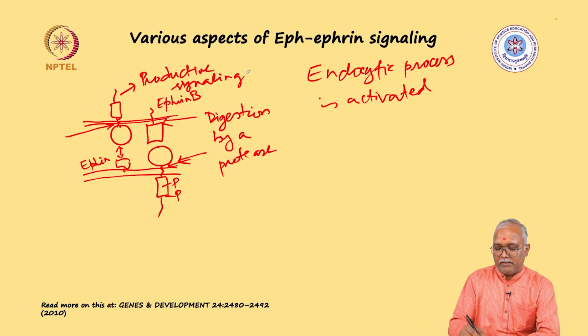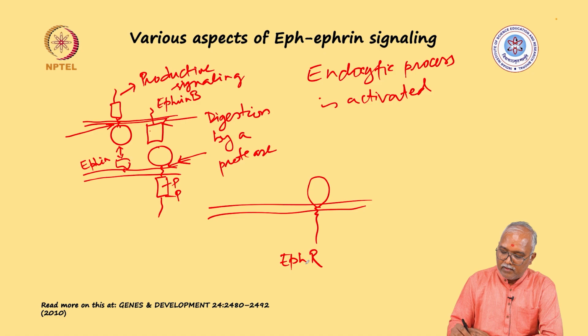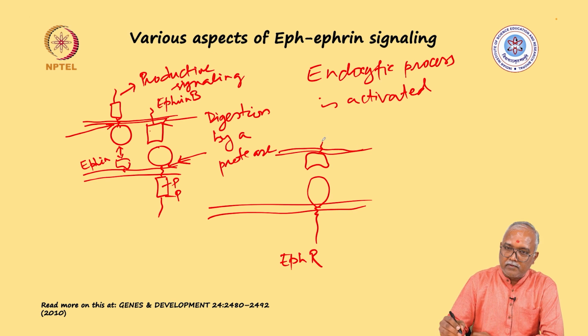What can also happen in EPH-Ephrin signaling is that the receptor is here, if I say EPHR, and there is a ligand on the other surface, Ephrin, and if the same Ephrin is present here in the cis cell, this is trans cell, this is cis cell, it will go into productive engagement and signaling.